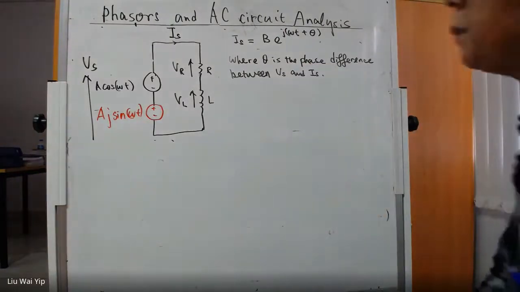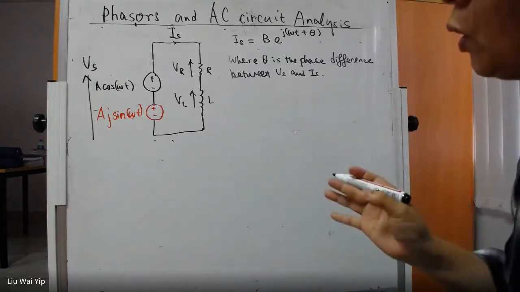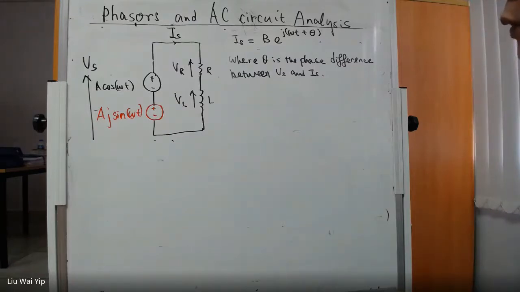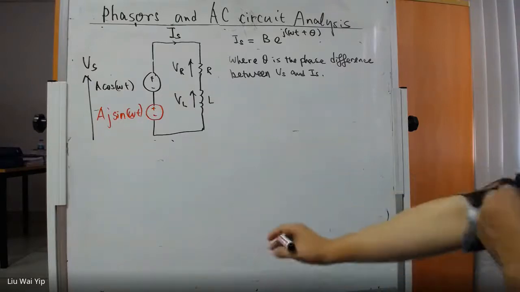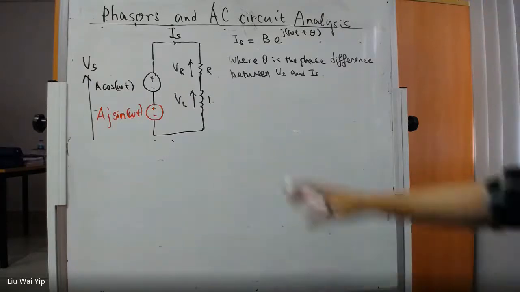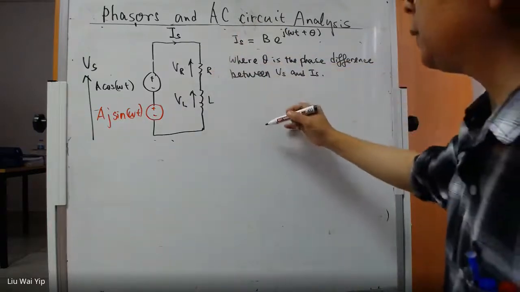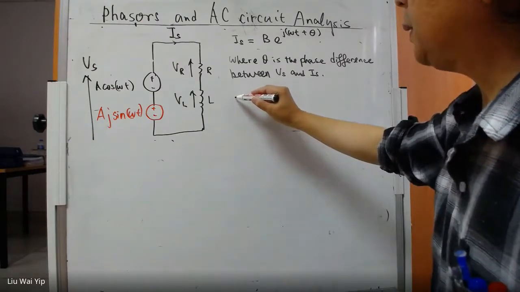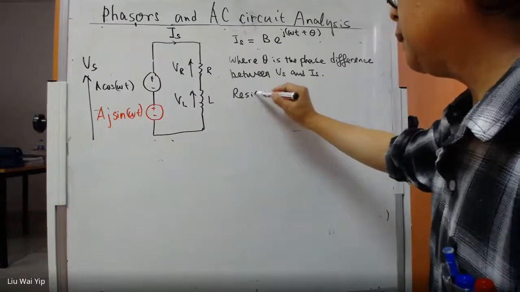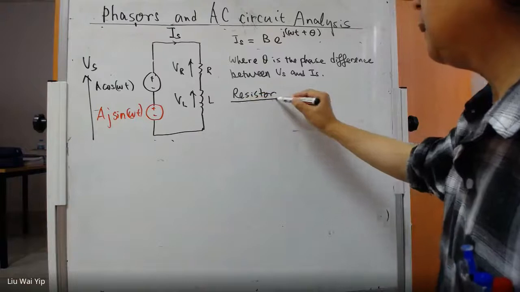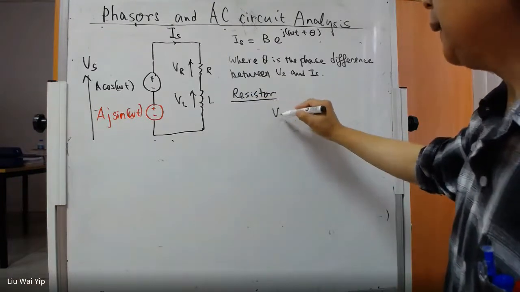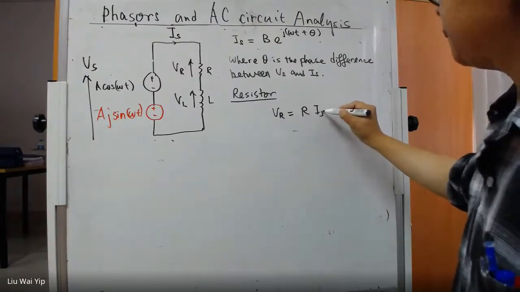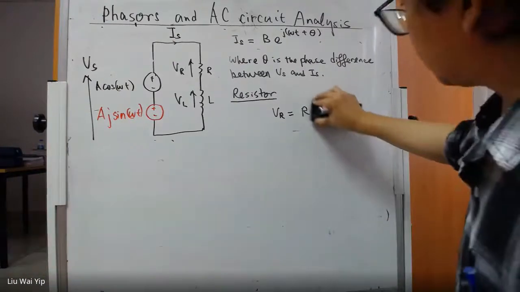So now we are going to use Ohm's law to resolve this AC circuit, and we know that in Ohm's law, the voltage across the resistor is VR equals R times Is. We know that.